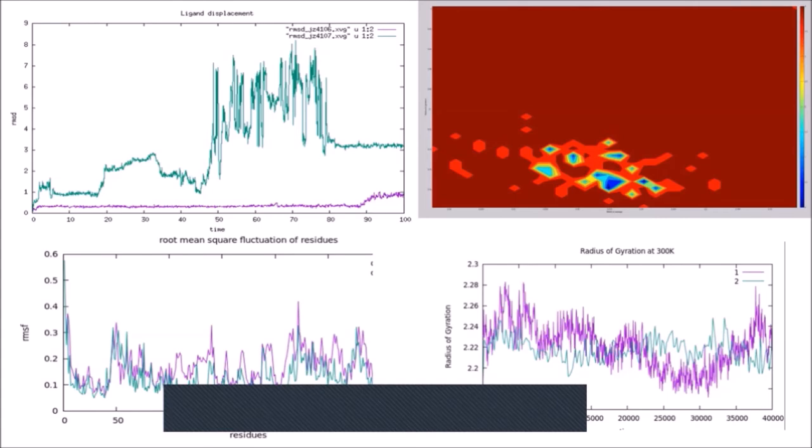The other kind of analysis method would be the root mean squared fluctuation. Suppose there is an unbound state of a protein and a bound state of a protein. In the lowermost left corner, on the x-axis we have different residues of a protein, and on the y-axis we have the root mean square fluctuation.